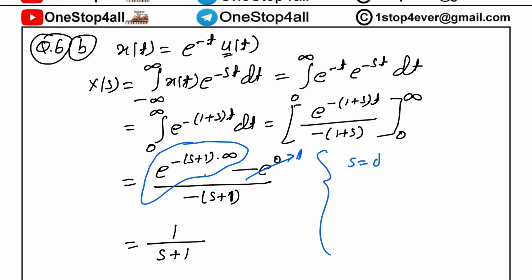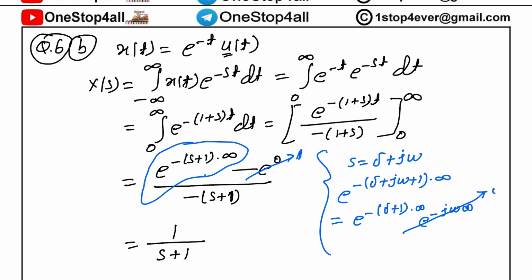As we know that s equals sigma plus j omega, this portion will be e to the power minus (sigma plus j omega plus 1) into infinity, or this will be equal to e to the power minus (sigma plus 1) into infinity times e to the power minus j omega infinity. This portion is again 0.